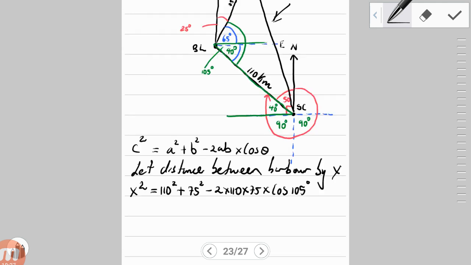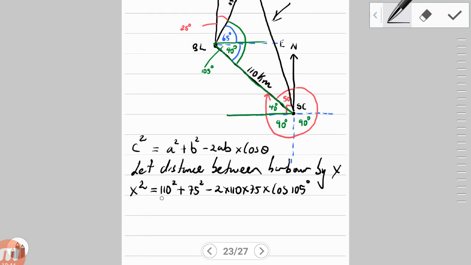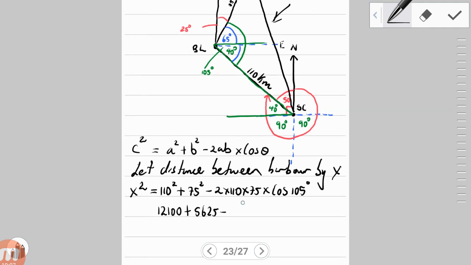So we just grab our calculator and do some basic math. 110 squared works out to be 12,100, my apologies. And 75 squared works out to be 5,625. If we multiply 2 times 110 times 75, we find that the answer is 16,500.